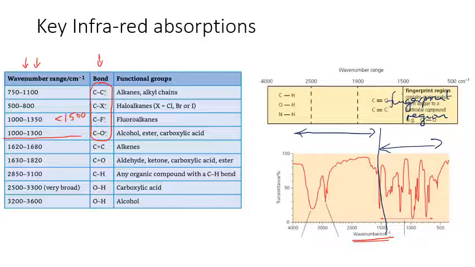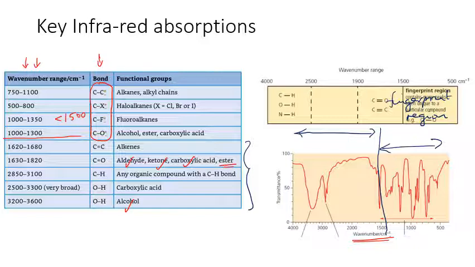That's all these bonds. So exam questions tend to focus on aldehydes, ketones, carboxylic acids and alcohols. They're the four main functional groups that are in exam questions, because it's quite clear.